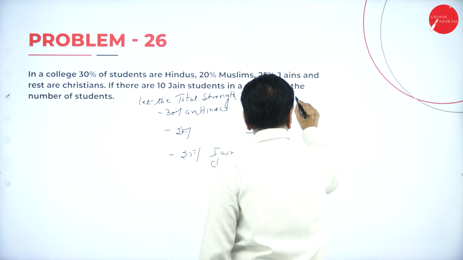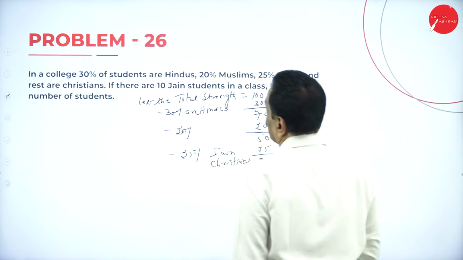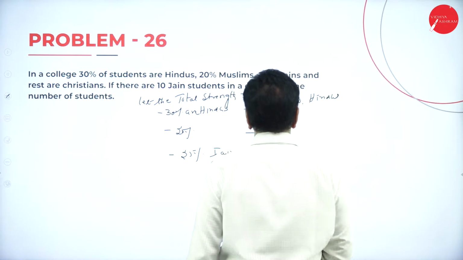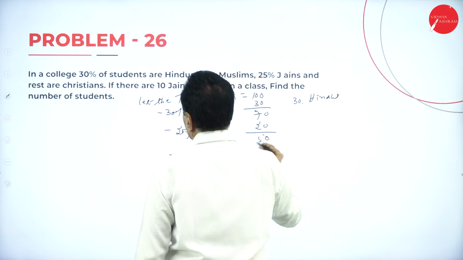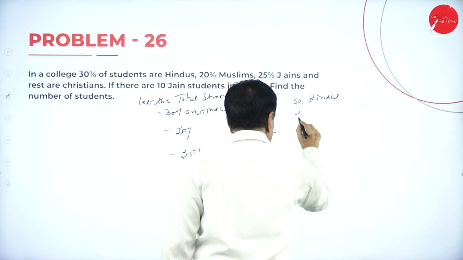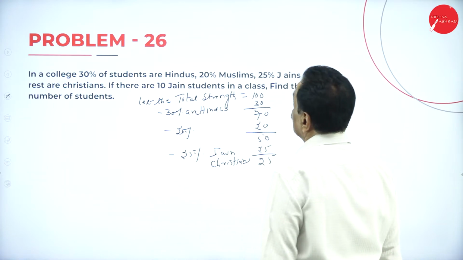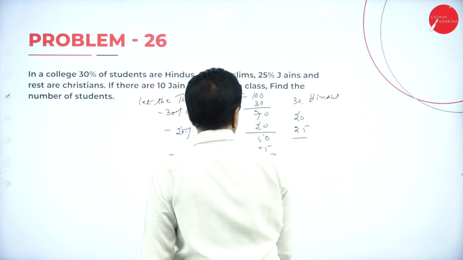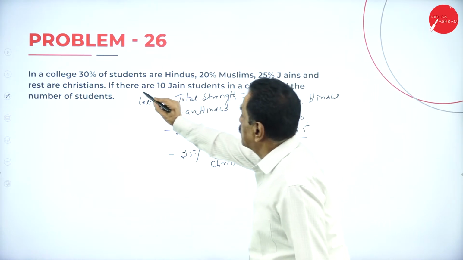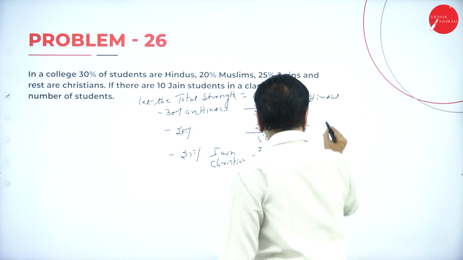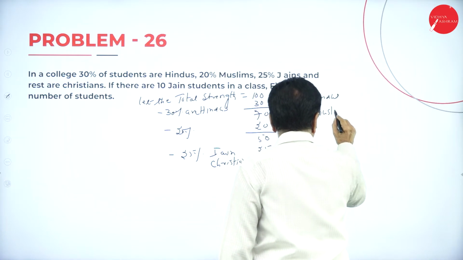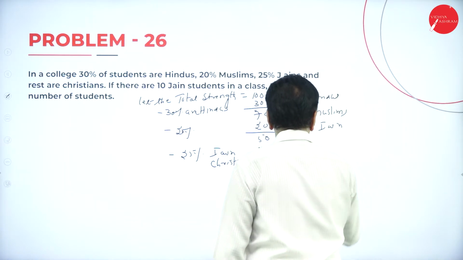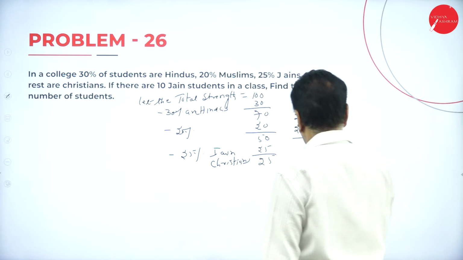So you got 30% Hindus, 20% Muslims, 25% Jains, and the rest are Christians.